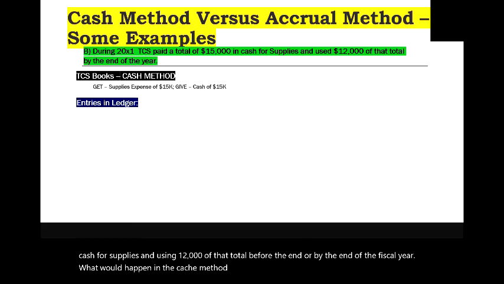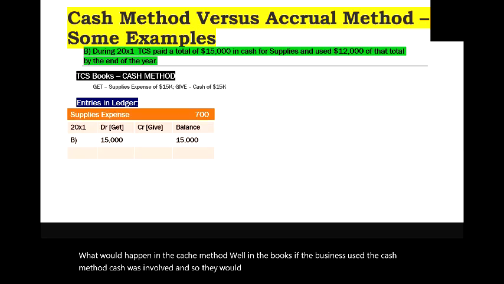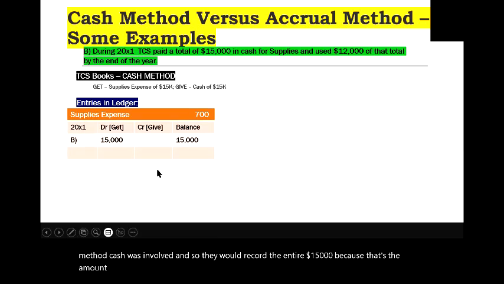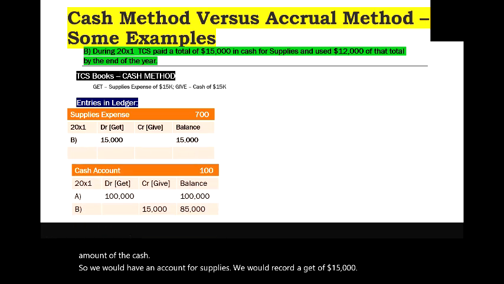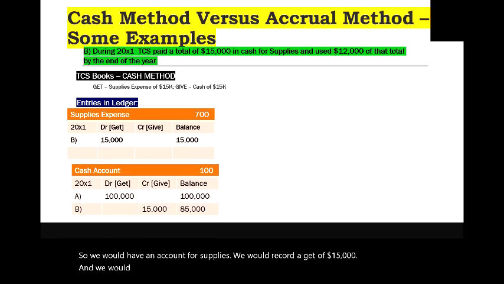Well, in the books, if the business used the cash method, cash was involved, and so they would record the entire $15,000 because that's the amount of the cash. So we would have an account for supplies. We would record a get of $15,000, and we would record a give also of $15,000.